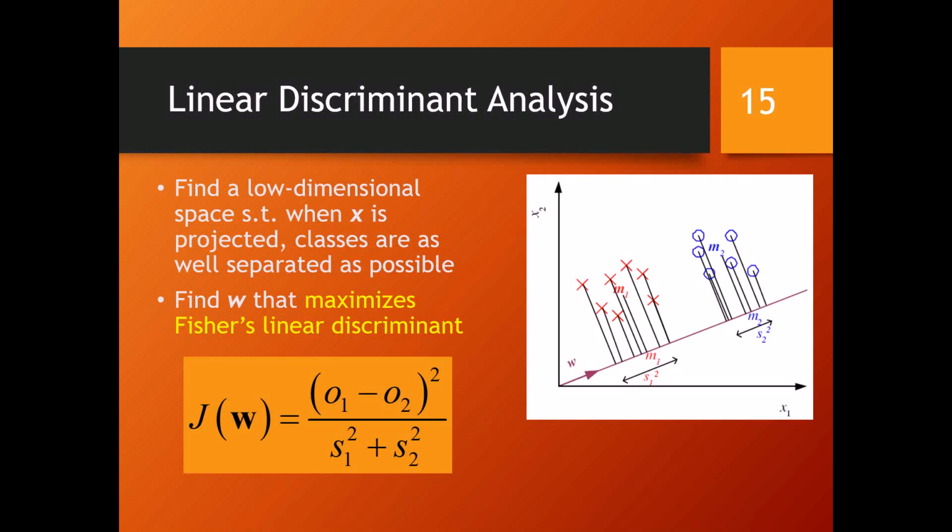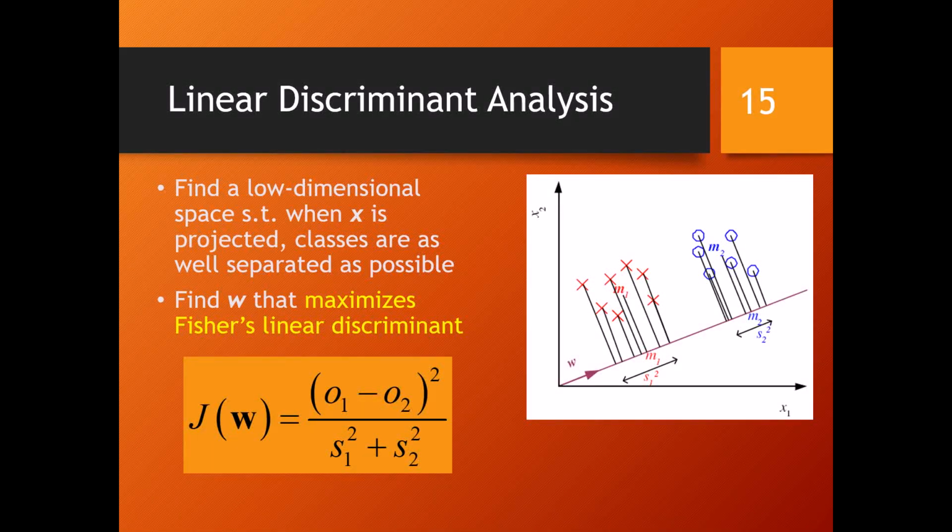In other words, the projected data of the two classes can be as far away as possible. That is one thing, because we want to maximize this. We not only want to maximize the numerator, we also want to minimize the denominator. So what does minimizing this mean?